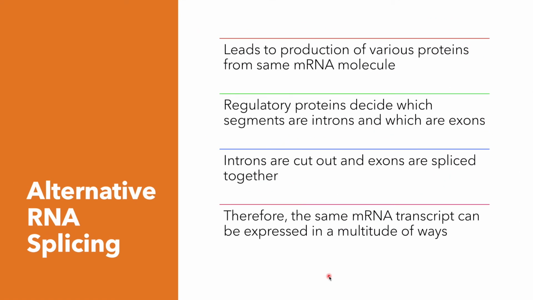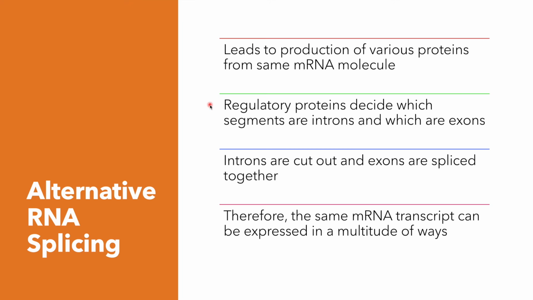Following transcription, RNA is processed before translation. This processing involves alternative RNA splicing. Alternative splicing of mRNA may lead to the production of different proteins, as regulatory proteins control which sequences of the mRNA molecule are introns and which are exons.